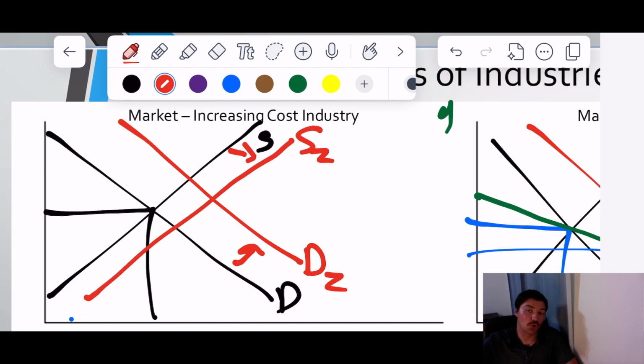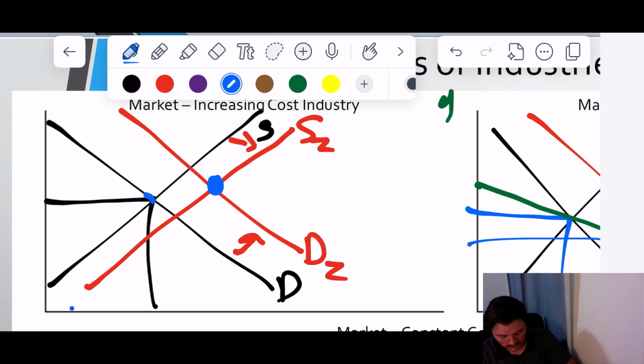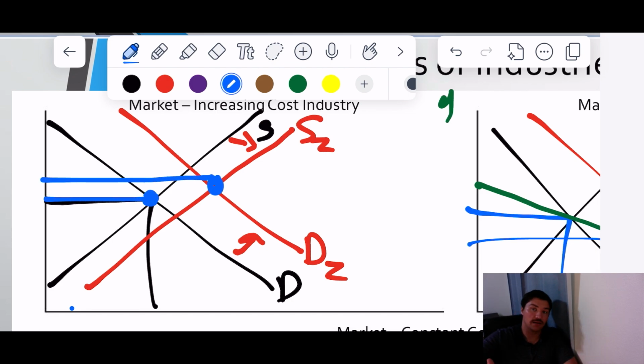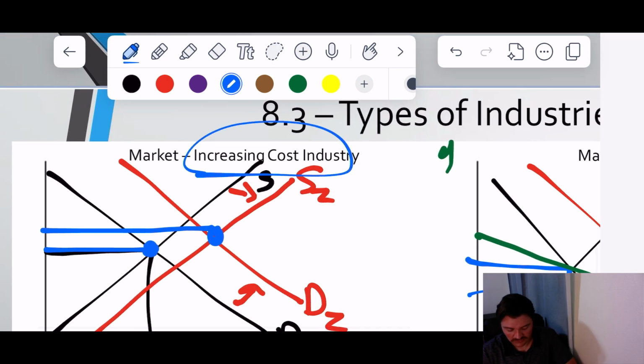Because there were more profits being earned in the industry, we saw more firms enter. So this creates a new equilibrium here, all right? Notice that this is your old equilibrium down here, and this is your new equilibrium, so we're creating a higher price. This is an increasing cost industry.